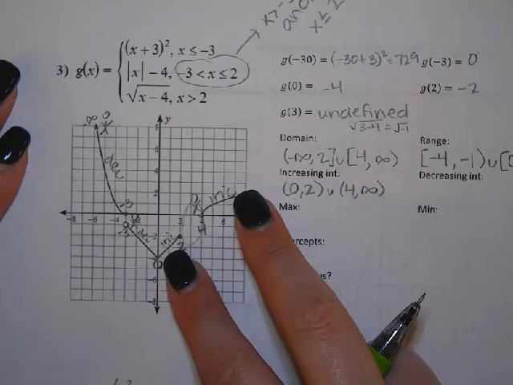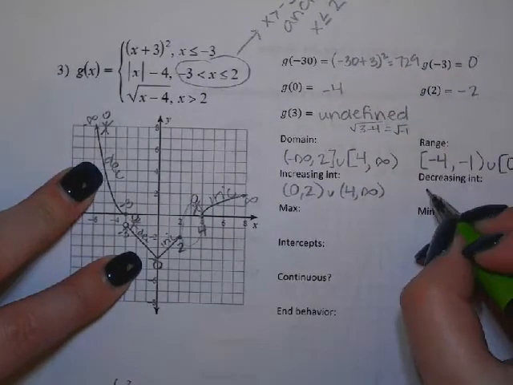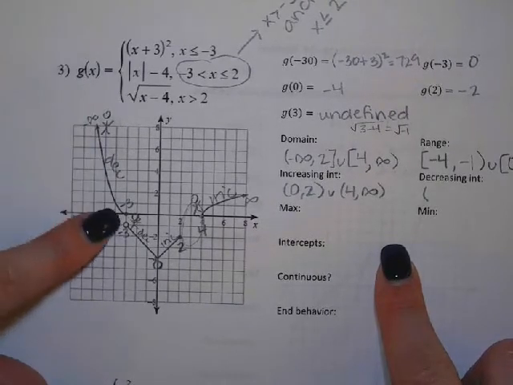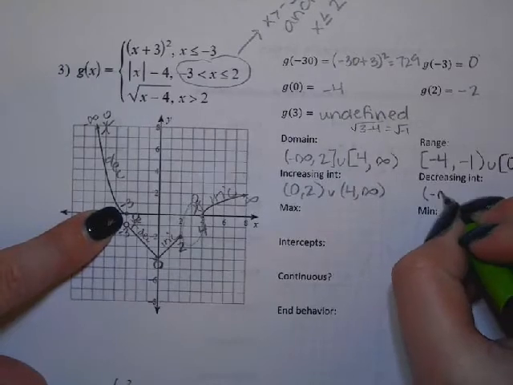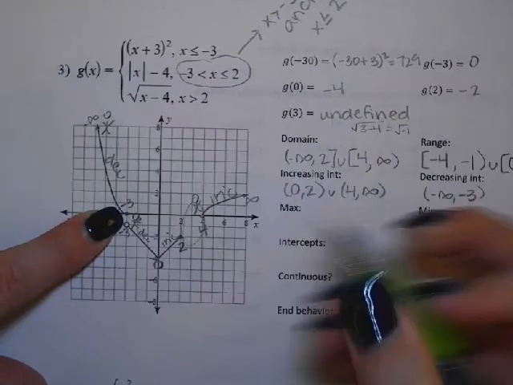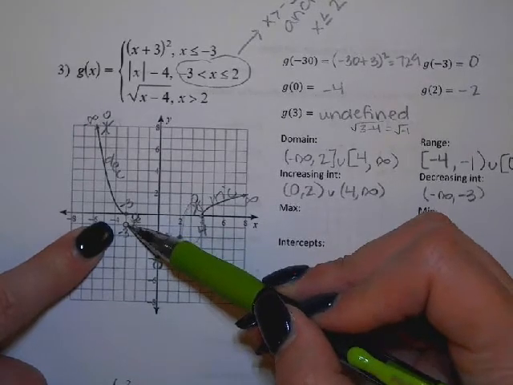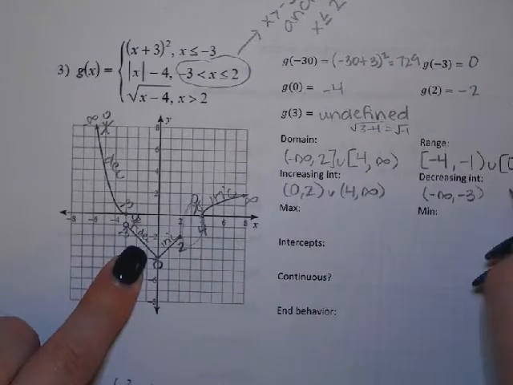One's here, one's here. There you go. Okay, then we've got 2 for decreasing. So what's my first one? Negative infinity to -3. I'm not doing -3 to -3 because that's the gap. So I did negative infinity to -3 because that's the first one. And then what's the second one?